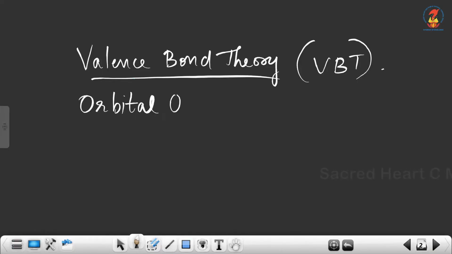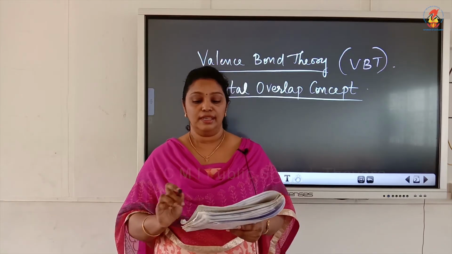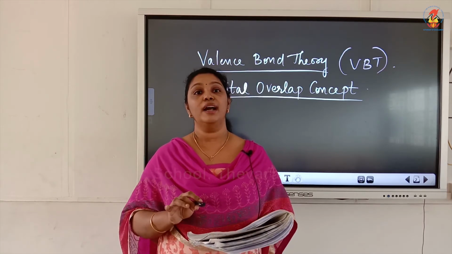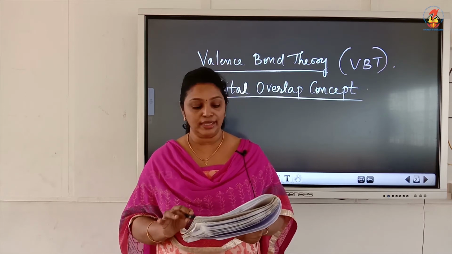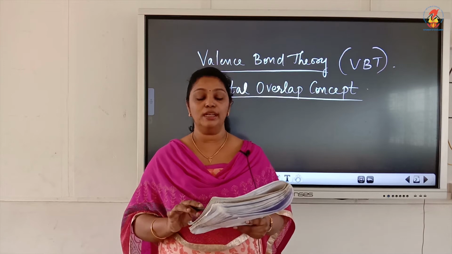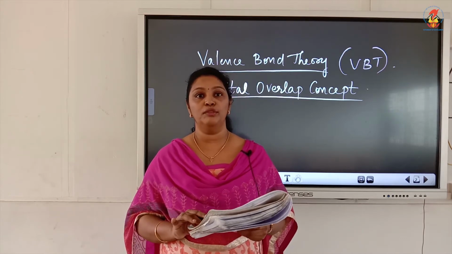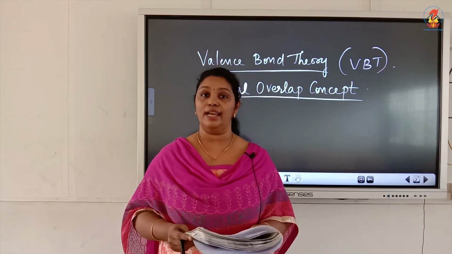According to this concept, a covalent bond is formed between two atoms when a half-filled valence orbital of one atom overlaps with a half-filled valence orbital of the other. Also, the two electrons which are involved in bond formation should have their spin in opposite direction.